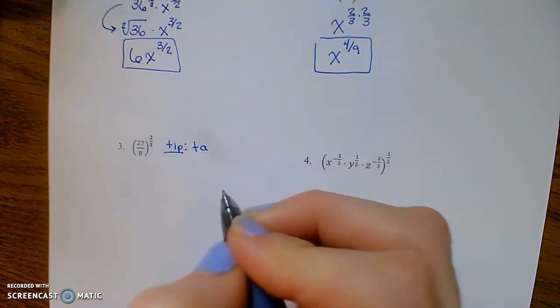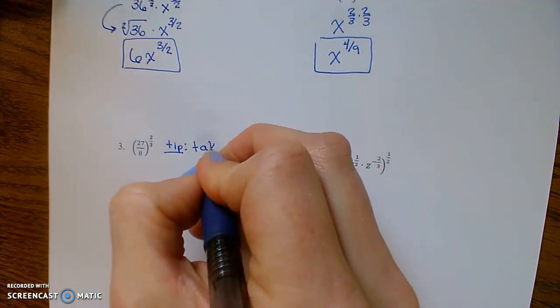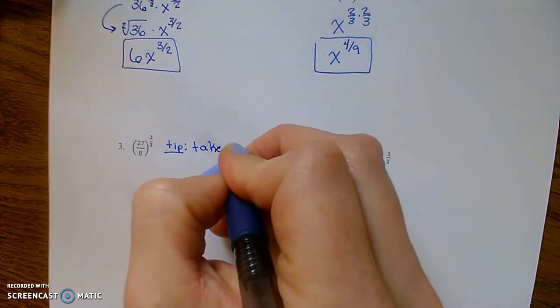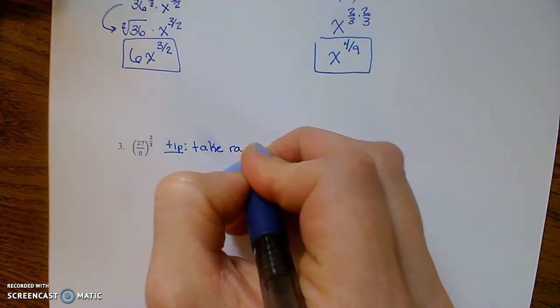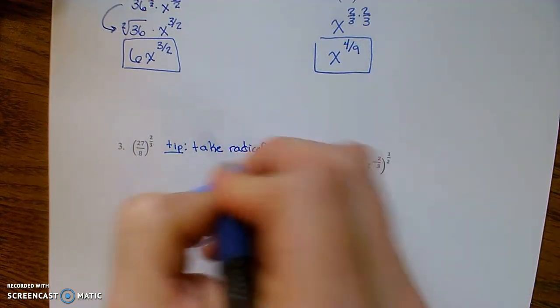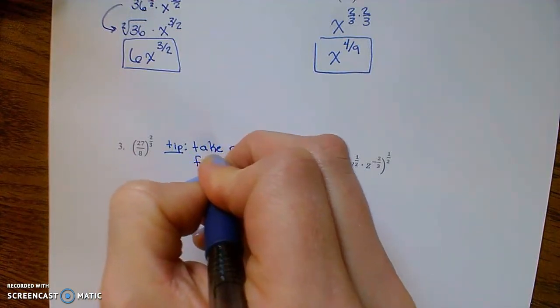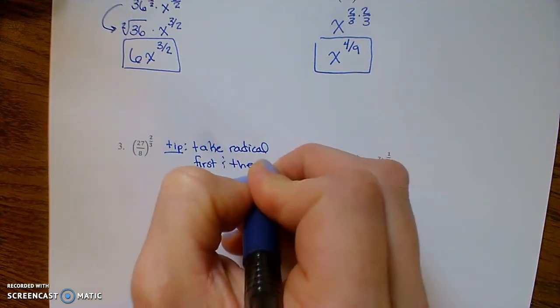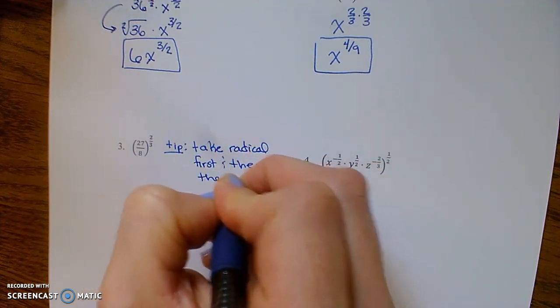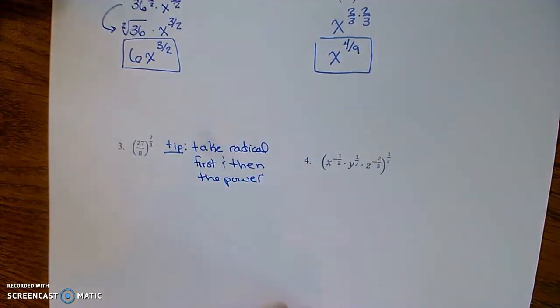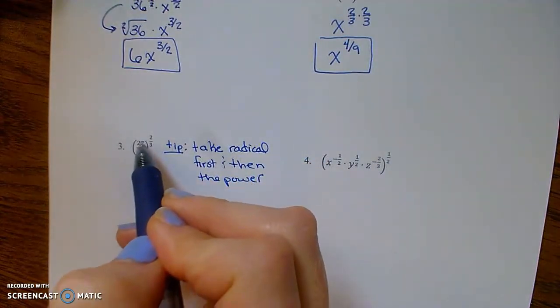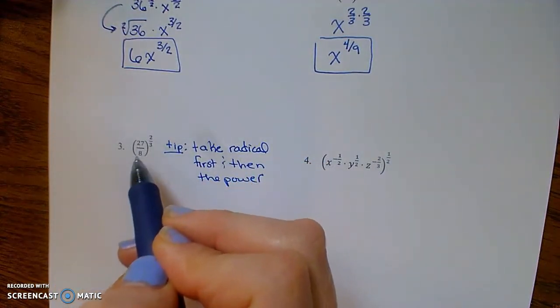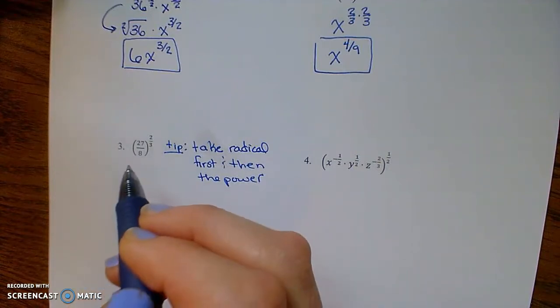It usually works a little bit better or a little bit quicker if you take the radical first and then the power. So here's what I mean by that. First of all, 27/8 to the 2/3 power, I can't reduce that fraction.